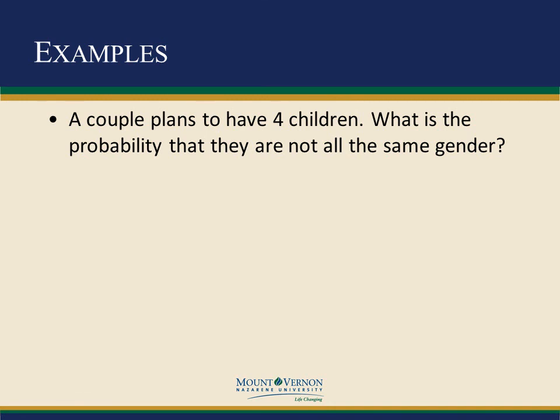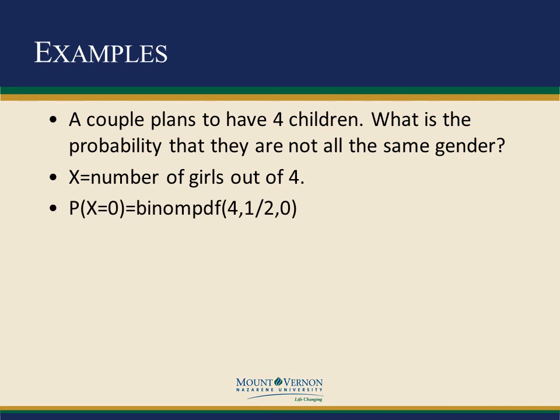I've chosen to do the latter in this presentation, but you could just as soon do the former and get the same answer. To do the latter, what we'll do is first compute the probability of having 0 girls. So I'm defining success as having a girl. And the probability of no girls is binompdf(4, 1/2, 0), which is 0.0625.